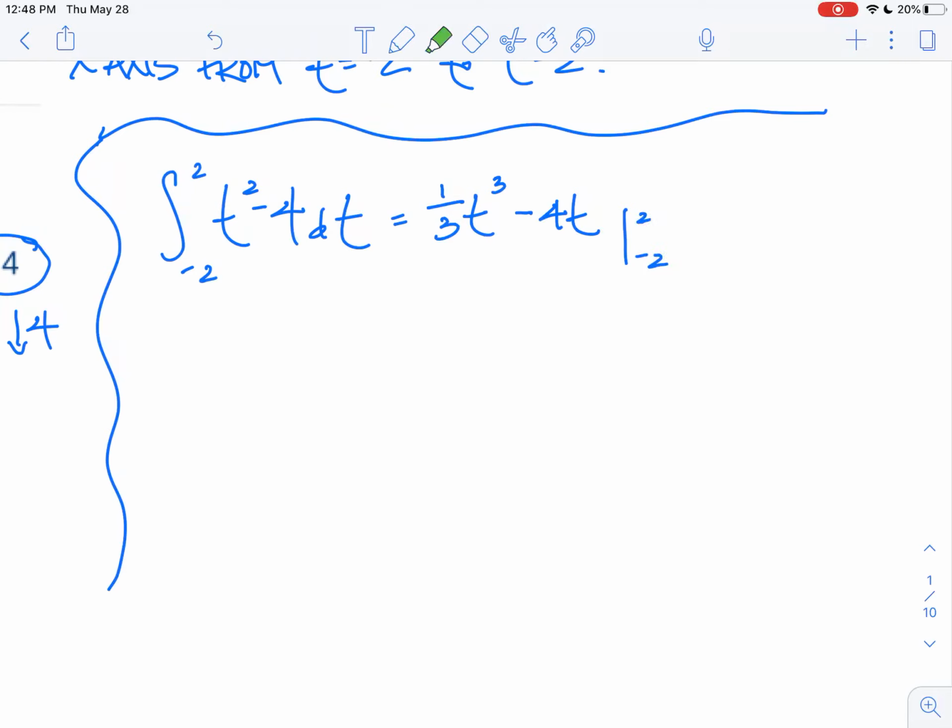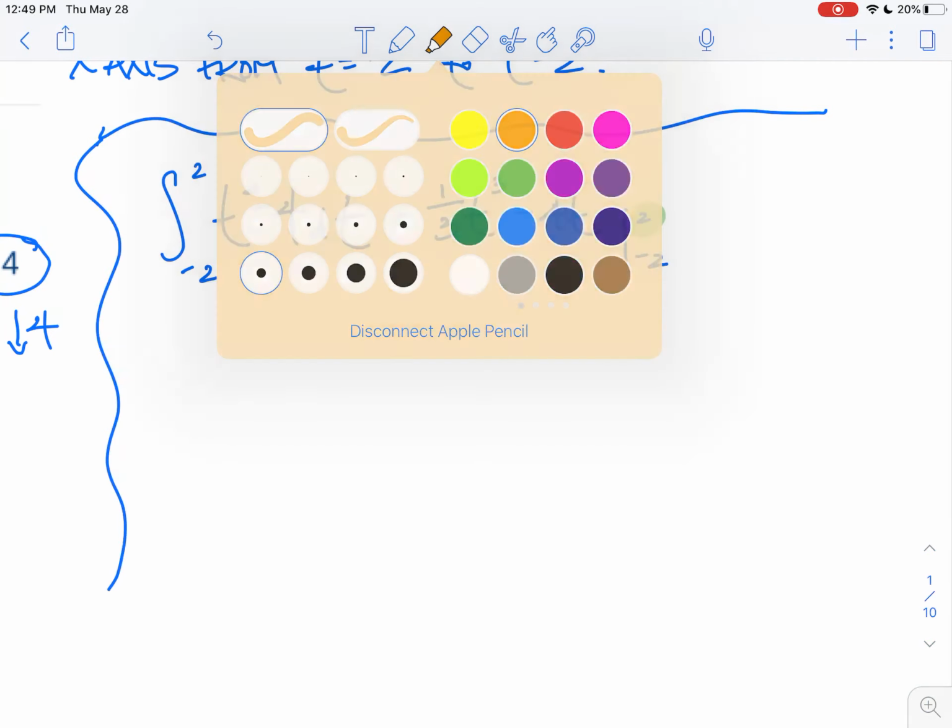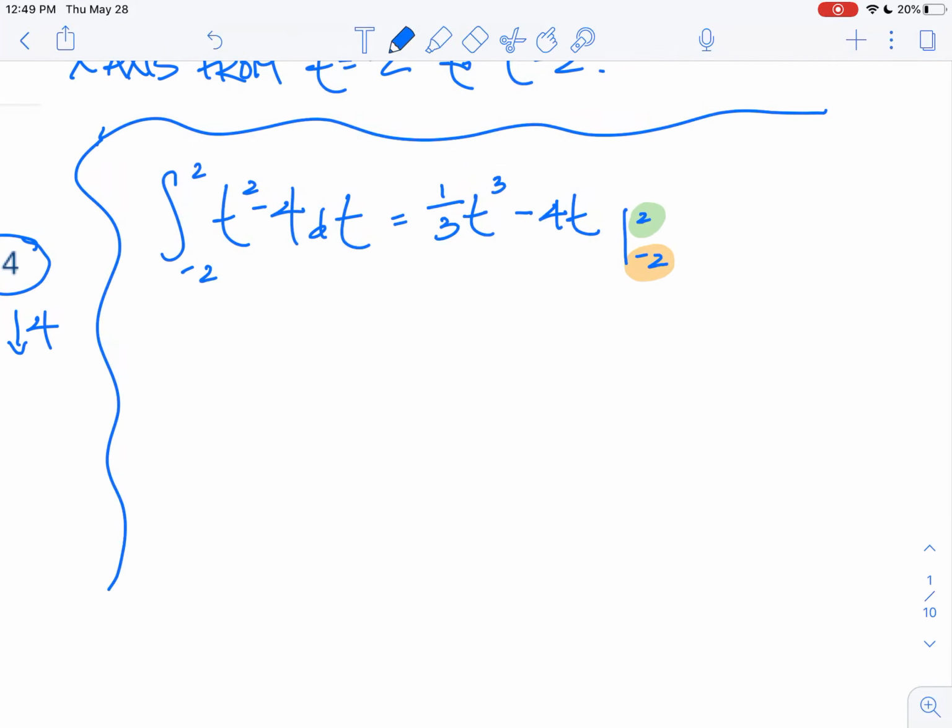Okay, so again, 2 is my top bound, and -2 is my bottom bound. So first, I'm going to put in the 2, or the B value, and then I'm going to put in -2, or the A value, and I'm going to subtract those. So that will give me 1/3 times 2 cubed minus 4 times 2.